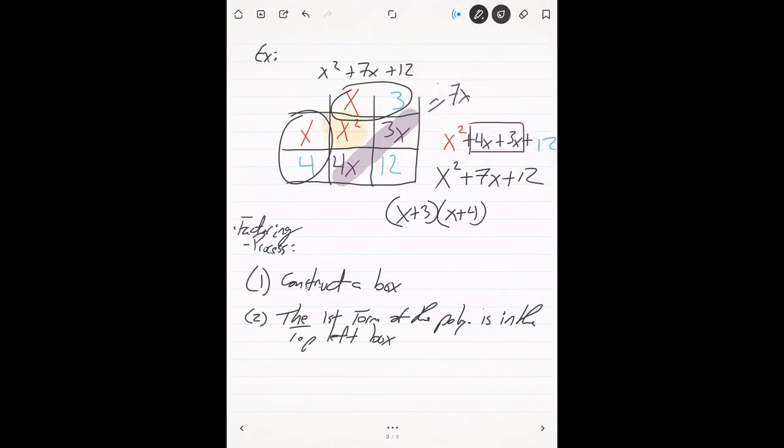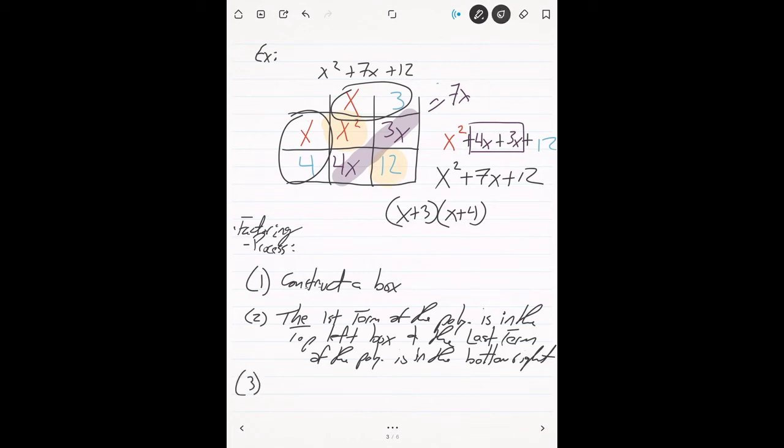And then the last term of the polynomial is in the bottom right box. That would be this box right here.